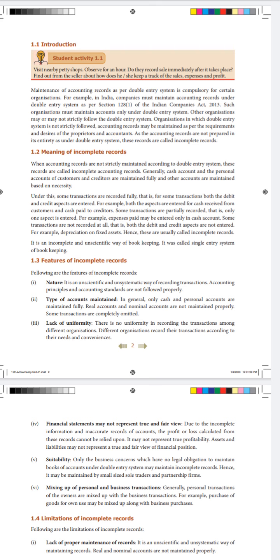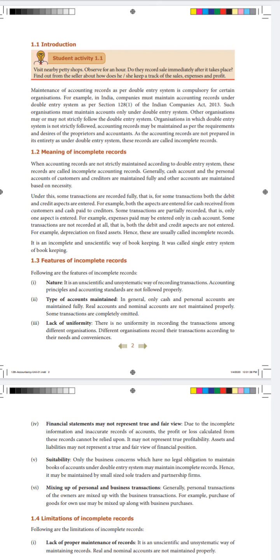Number four, financial statements may not represent a true and fair view. When it is incomplete information, automatically it is going to be inaccurate, because when only one aspect is being recorded, how can we find out the profit or loss or even the financial position? Here, we cannot rely on the statements whatever is being prepared.